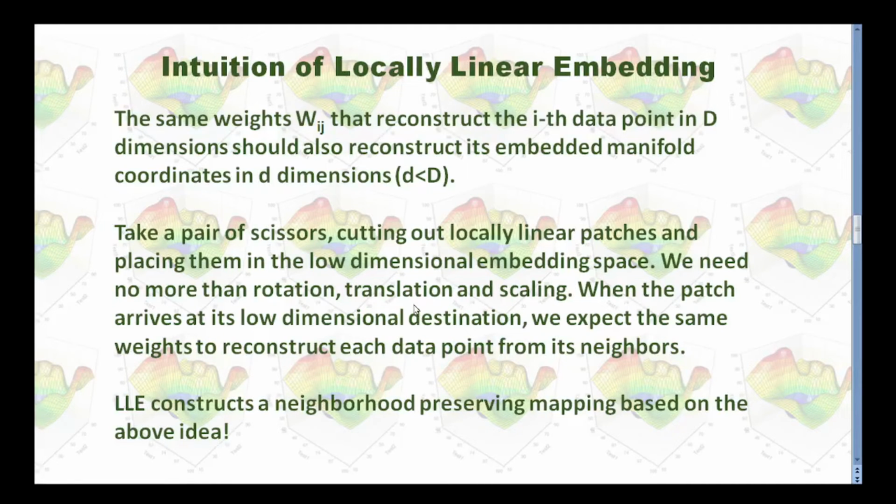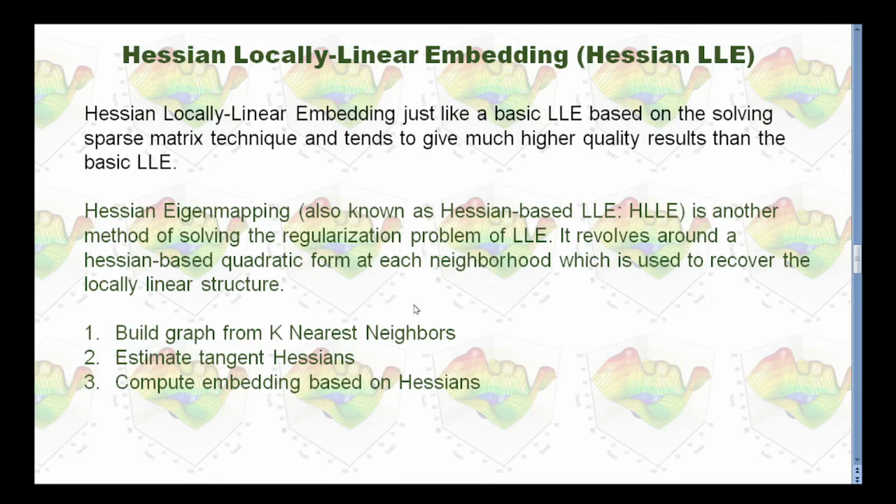Until now, I talked about basic LLE or regular LLE. There are many enhancement methodologies about LLE. For example, there is a method called Hessian LLE. With Hessian LLE, it will build a graph from k nearest neighbors. This is exactly the same as regular LLE.